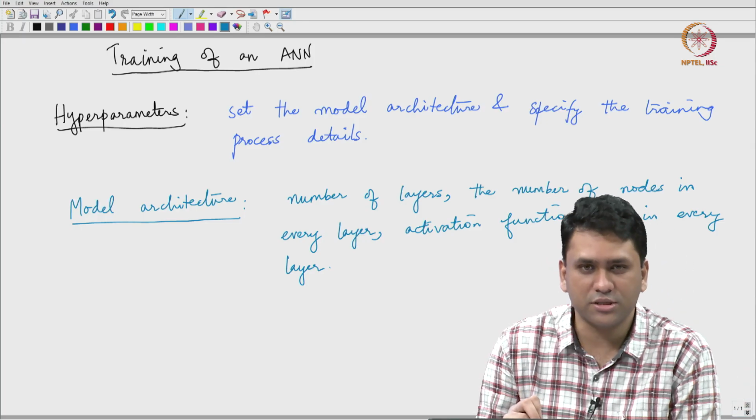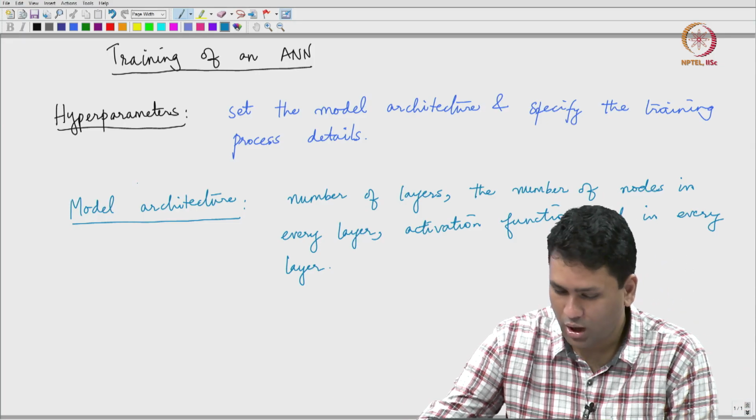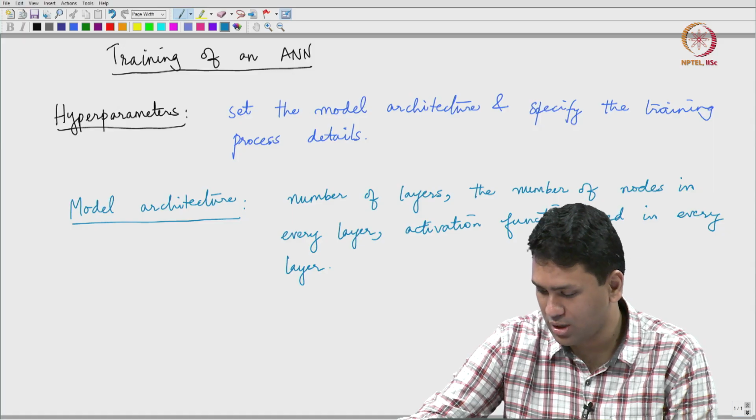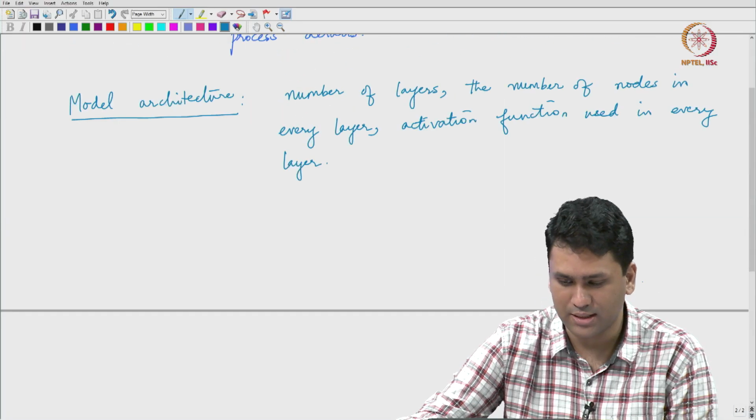If we have this information, we know how we are going to do the training process. So the model hyperparameters are set.